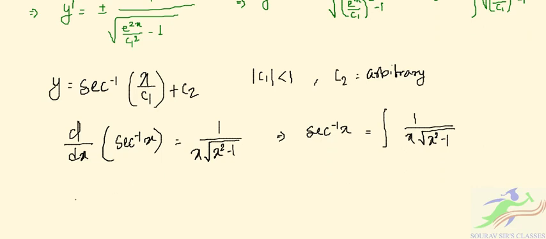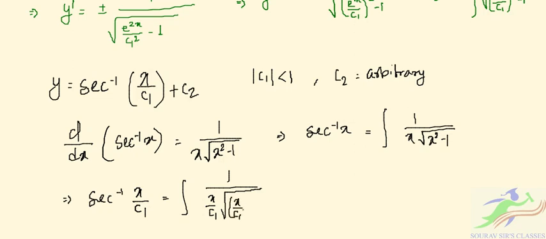So if we do this for sec inverse x by c1, it will look like 1 by x by c1 root over x by c1 whole square minus 1, right?